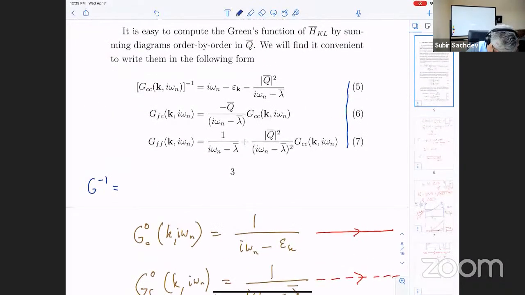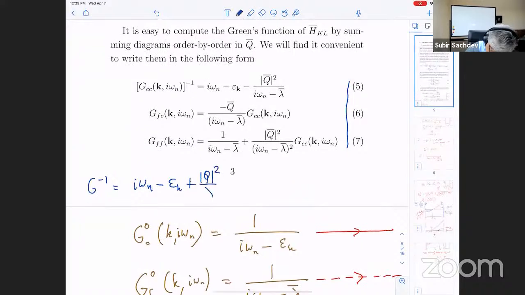So G inverse is i omega n minus EK. And then I assumed in the notes that I can just throw out this omega n. So let me just imagine that's correct. It's not exactly correct because the pole is slightly shifted. Then I get i omega n plus Q squared over lambda bar.